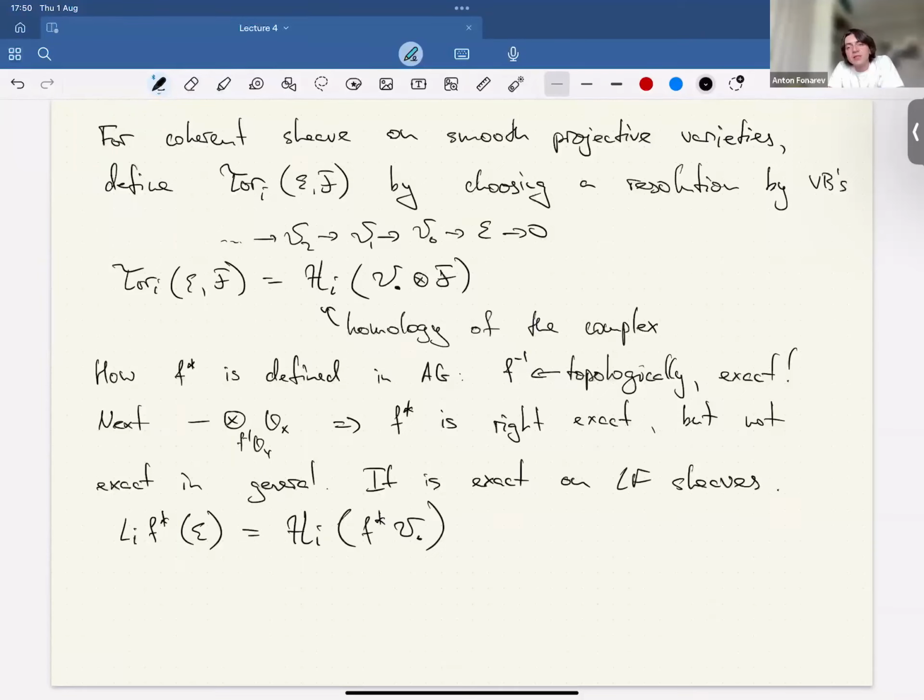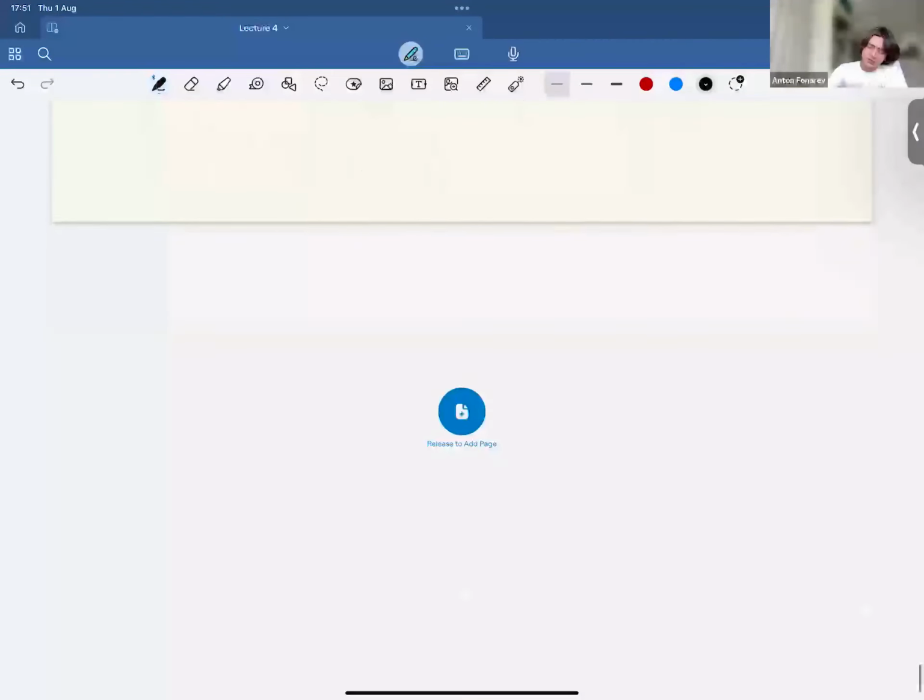So you see that there are plenty of these constructions. I'm skipping most of the details, but in a way they say that you can define various things using various kinds of resolutions, and if the resolution is good enough, then the result does not depend on this choice, and then it's well defined, and then you often have some kind of spectral sequences.